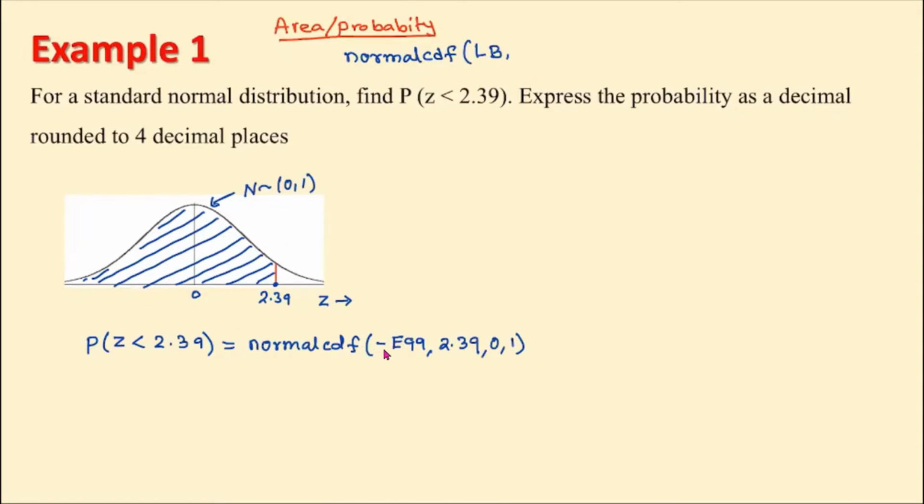So in this case, it was negative E99, then upper boundary for the area, and then the mean, okay, and then the standard deviation. So if we use this in our TI-84 calculator, we'll get that area or probability. Now I'm going to show you how we can use TI-84 calculator to get the value of this one.